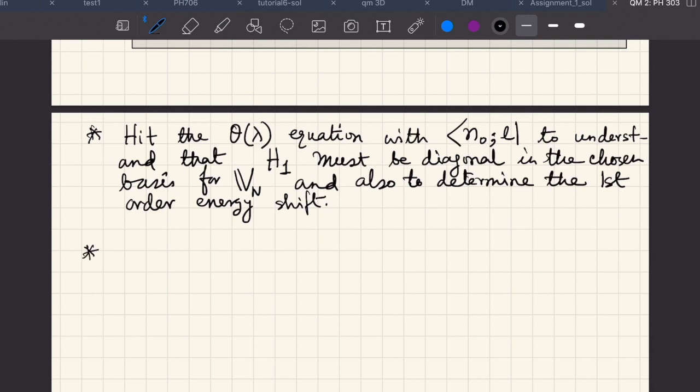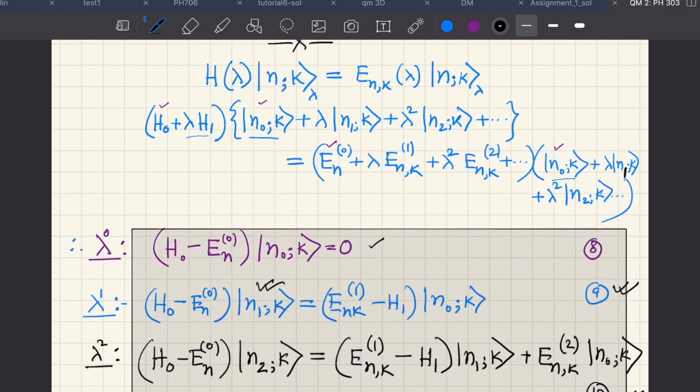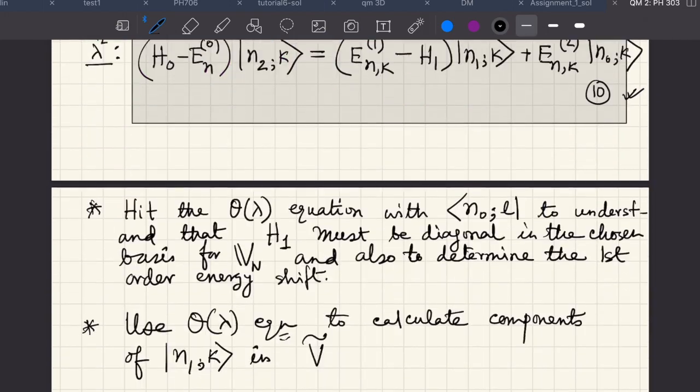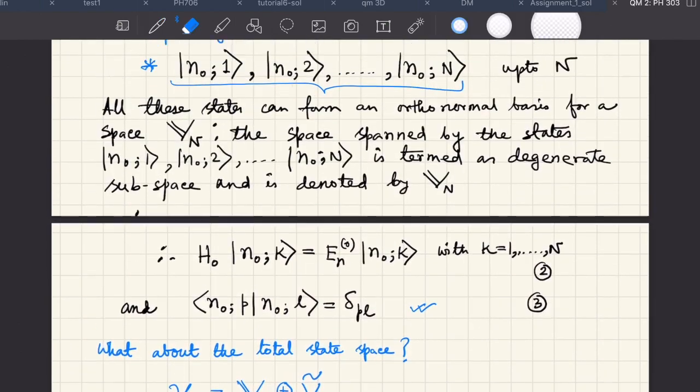What is the second step? Again, you can use this order lambda equation to calculate components of n1k in this V tilde. Remember, we just had said that, where did I say this?